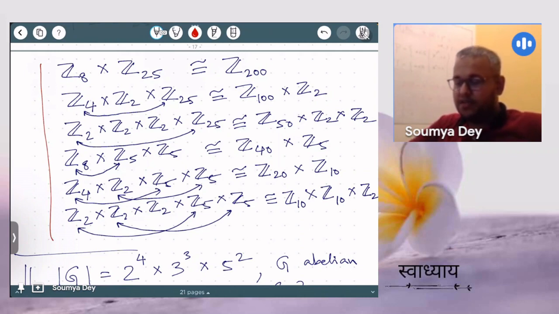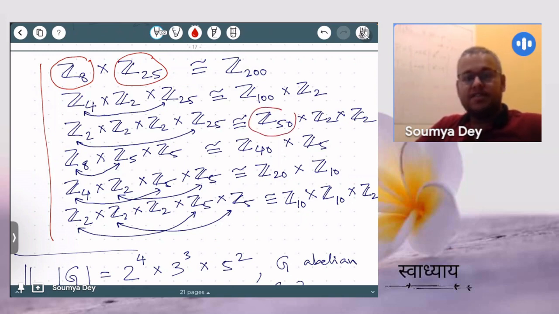Here, each of these groups, they are of prime power. Do you see? Z8, 8 is a prime power. Z25, 25 is also 5 square, right? Prime power. But whatever you are getting in the right hand side or the other way of writing, these are not prime powers. For example, Z50, it's not a power of a prime, right?